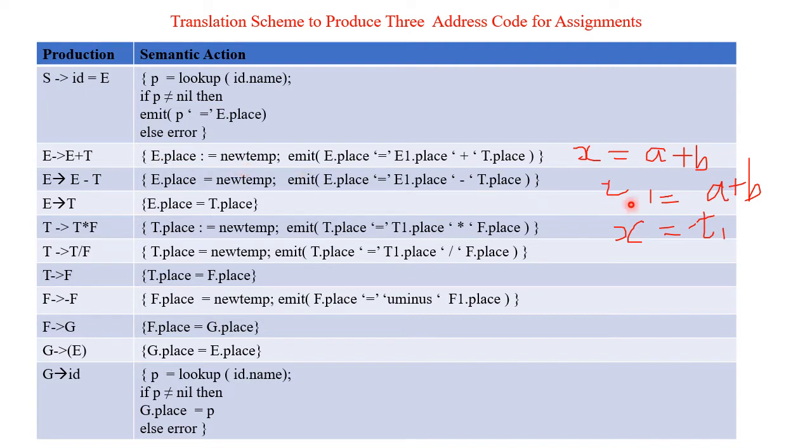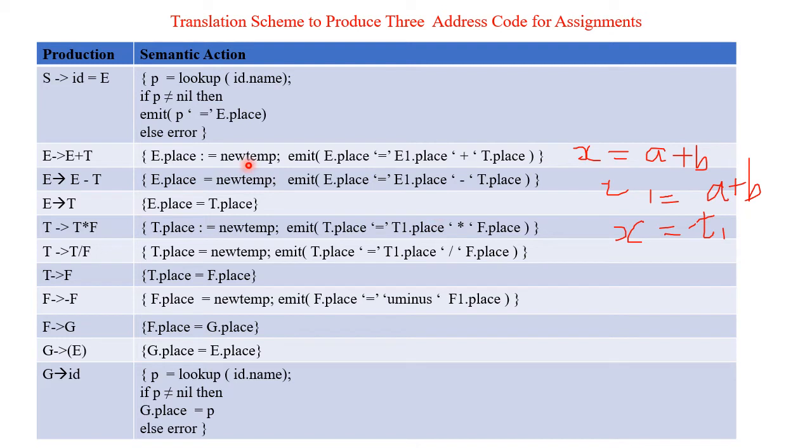That means we got T1. Now emit is a function to create three-address code. Emit, the arguments are E.place, here T1, equal to E1.place, here a, then plus T.place, b. That means T1 equal to a plus b.